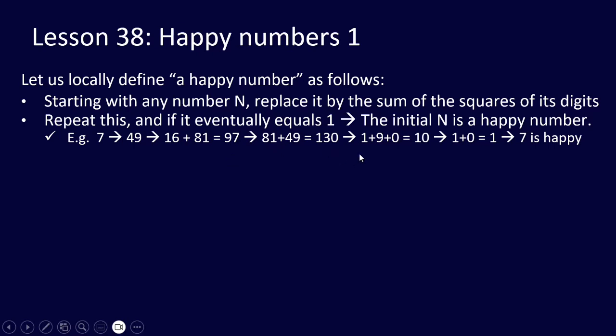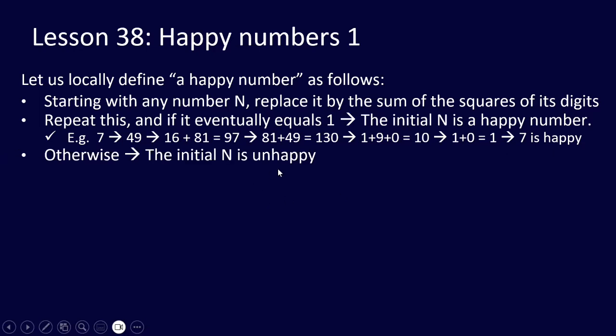Then 1 squared plus 3 squared plus 0 squared is 10. Then 1 squared plus 0 squared equals 1. So it got to 1, and the first number 7 is happy.